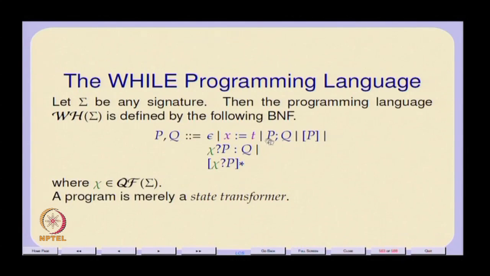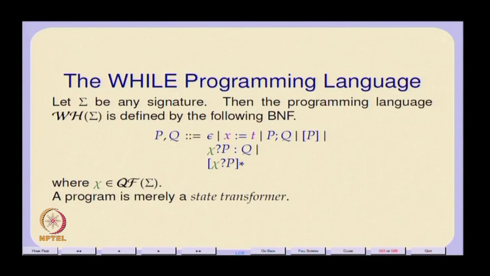Okay. And we have sequencing of programs. So, unlike an actual programming language which has a program header and this and that, we are getting rid of all of those and just having the most essential notation that is necessary to be able to compose programs. Yeah. So, this semicolon here is a composition operation.